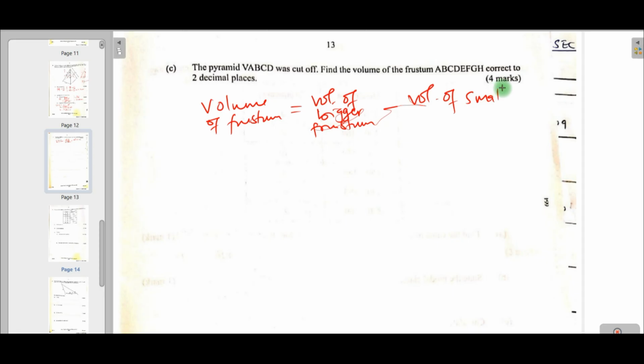To get the volume of the frustum, it will be the volume of the bigger pyramid minus the volume of the smaller pyramid.